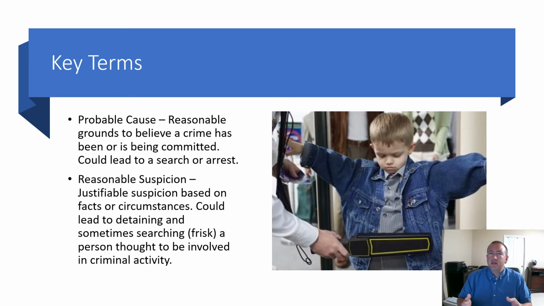Now, reasonable suspicion is basically just justifiable suspicion based on facts or circumstances that could lead to not necessarily an arrest, but being detained. Maybe stopping someone to investigate, see, this doesn't seem right.